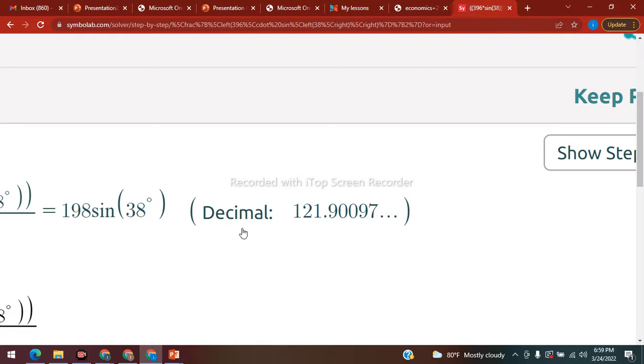Yes, centimeter squared. Okay, so it's going to be 121.9.